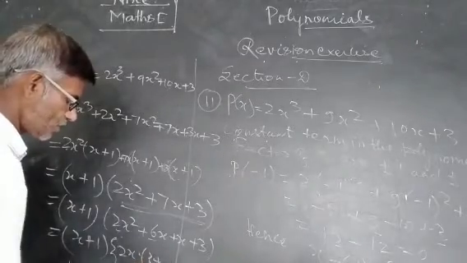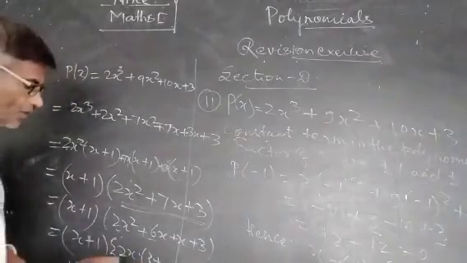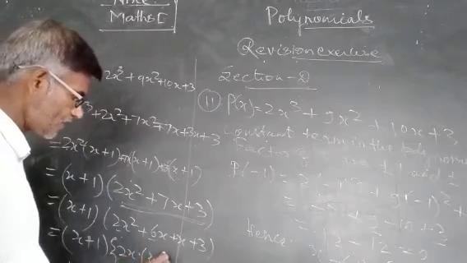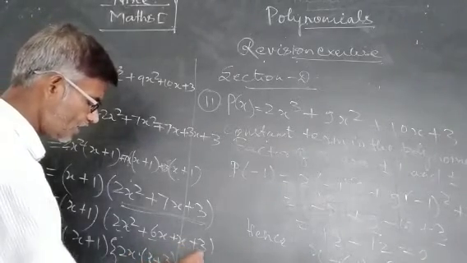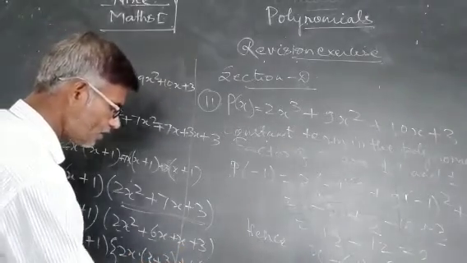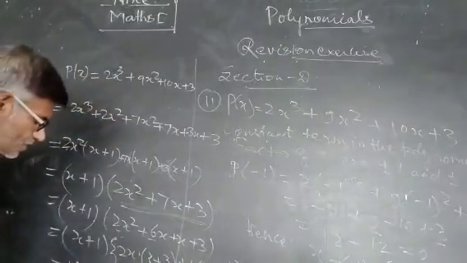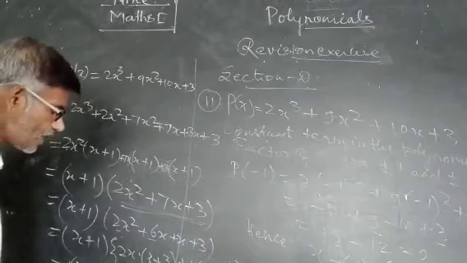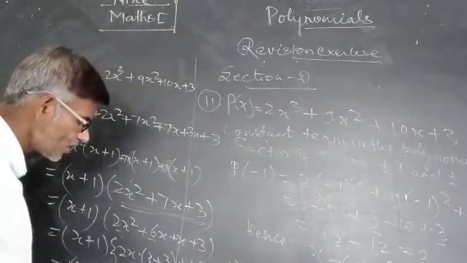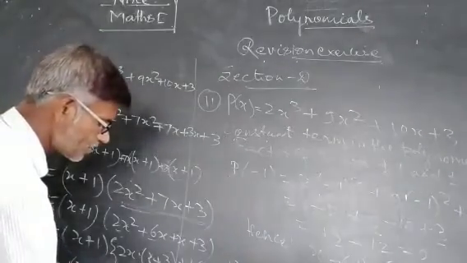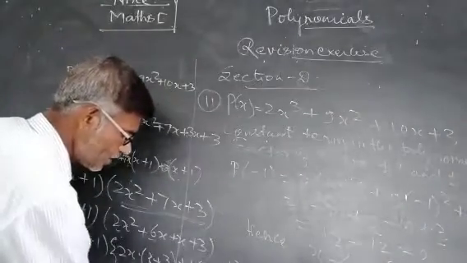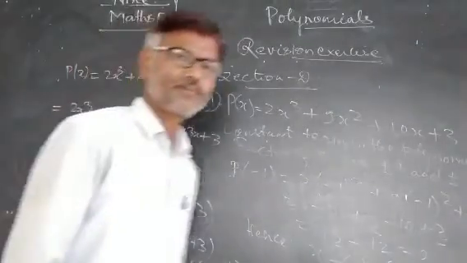Dividing the terms by the common factor 2x, we get x plus 3. From the third and fourth, we take 1 common and thus get x plus 3. In the next step, x plus 1, x plus 3, 2x plus 1 we got. It is the required factorization.